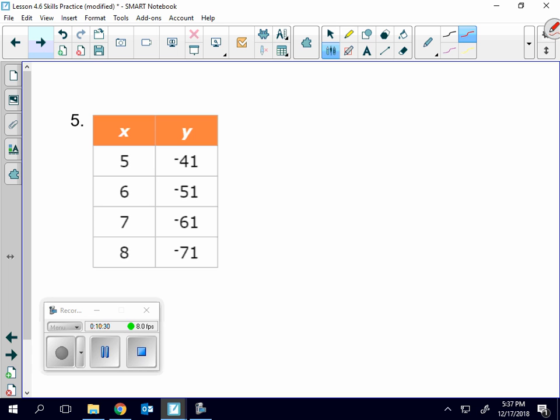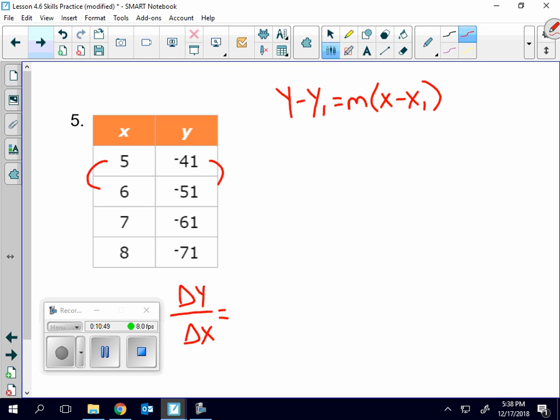Here we go. I'm going to find my slope, the change in y over change in x. First, let me write down what I'm doing. All right. So the slope, the change in y over change in x. We get, let's see, this is getting smaller as the numbers get bigger, but they're negative. It's actually getting smaller. So it's decreasing by 10 as I go down this table.